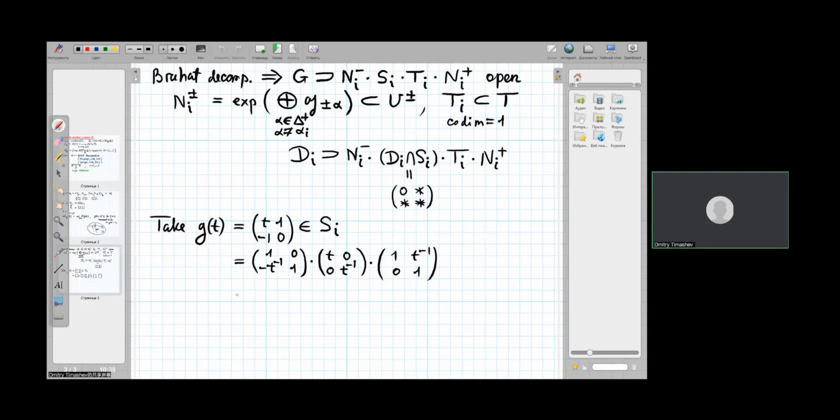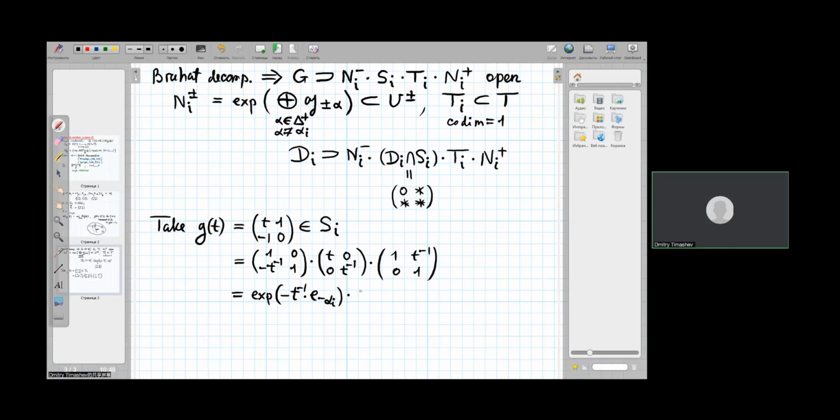So the first matrix is the exponential of minus t inverse times the root vector E minus alpha I. The second matrix, depending on t, on the multiplicative parameter t, is just the one parameter subgroup corresponding to the maximal torus of SI. It is one dimensional.